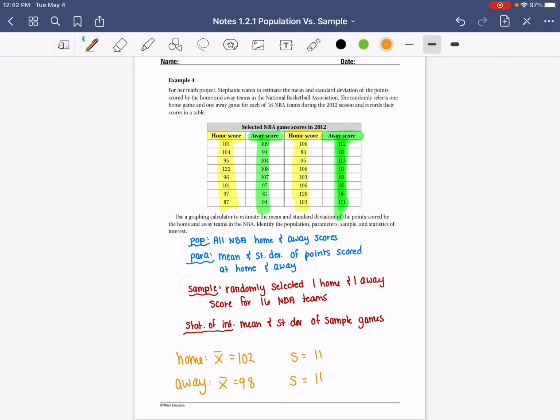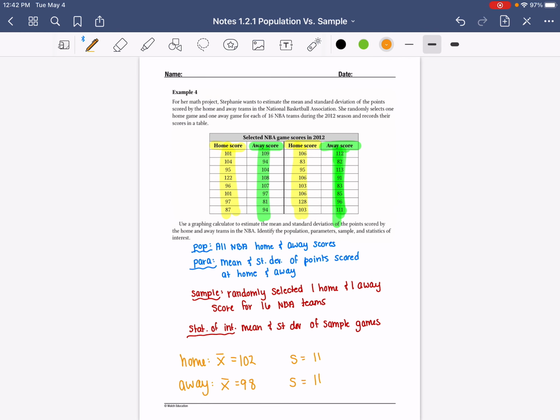We use the statistic of interest and we try to summarize that about everything. So we would say, I can't get every game ever, but on average, the home score is higher than the away score, but they have the same standard deviation, that kind of stuff. All right, so put these in your digital notebook and we're done.